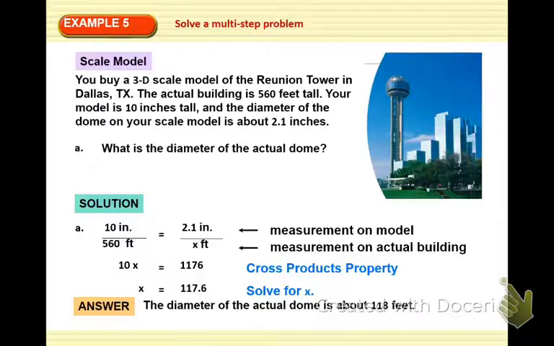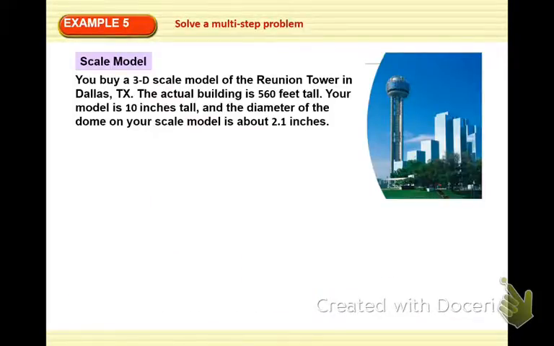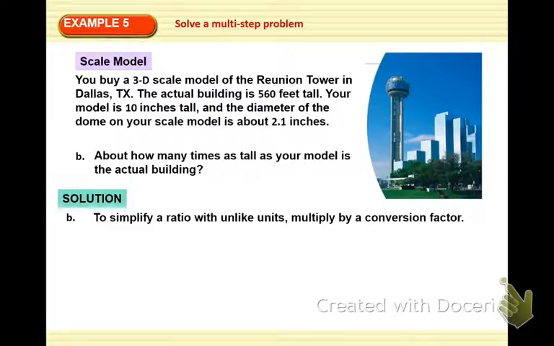B, how many times as tall as your model is the actual building? All right, if we're going to do that, then we have to get the units to be the same. So the actual height is 560, and the model's height is 10.